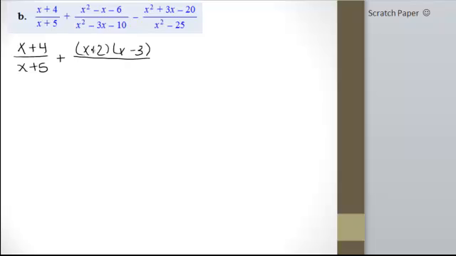And in the denominator, factors of negative 10 that add up to a negative 3 will be a 2 and a 5, where the 5 is negative. And then in the last fraction, in the numerator, you need factors of negative 20 that add up to 3. There aren't any, so we just write that one down like it is.